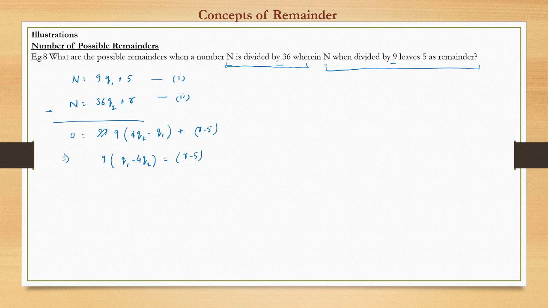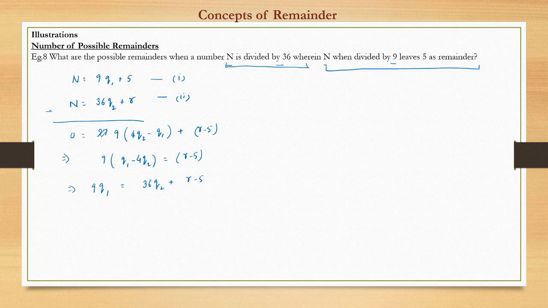So what does this mean? How many possible values would be there? Or we can write it as 9 q1 is equal to 36 q2 plus r minus 5.